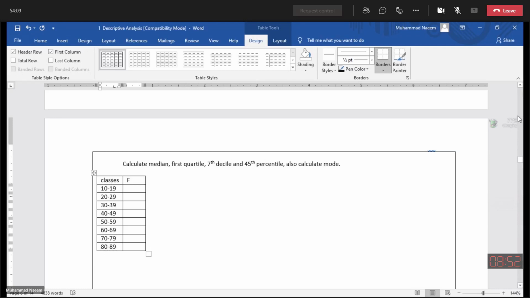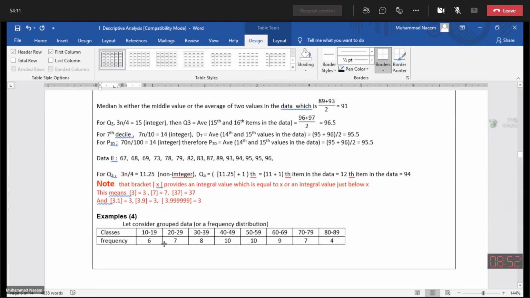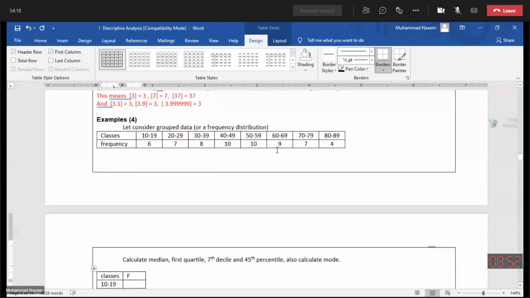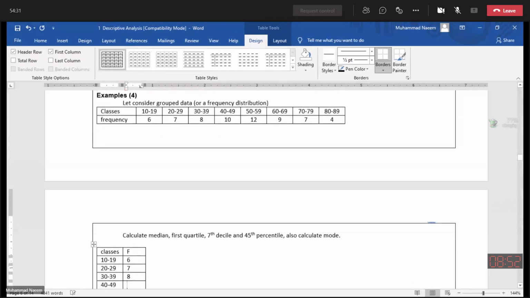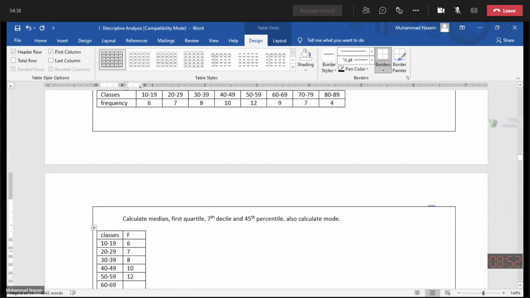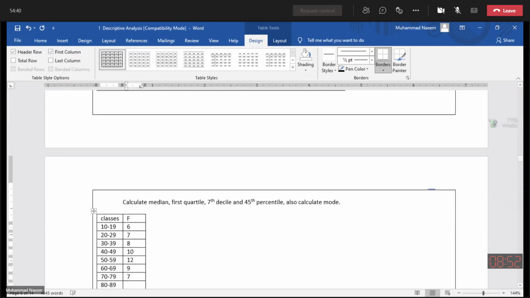The frequencies are 6, 7, 8, 10, 12, 9, 7, 4.